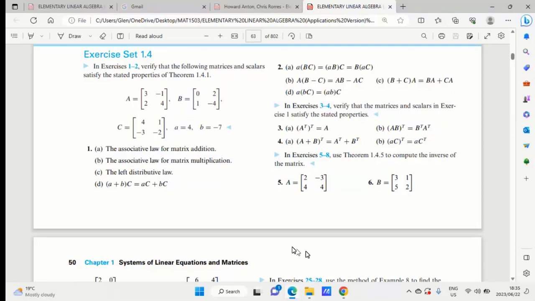Sir, I said positive 18 and positive 8. Then the second row is negative 18 and negative 22. Okay. Thank you.